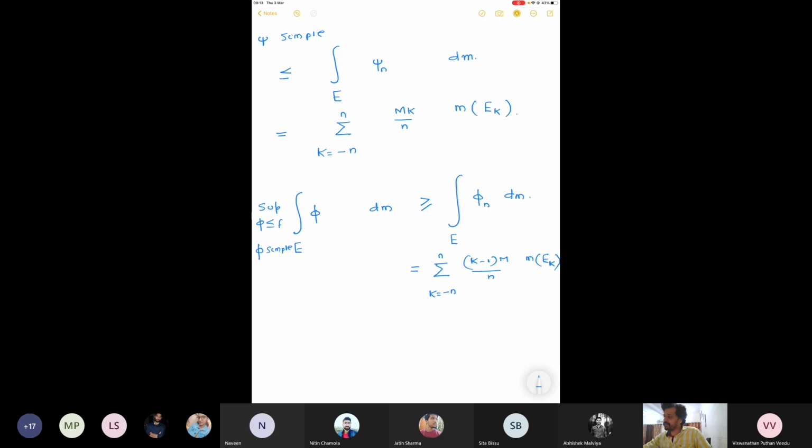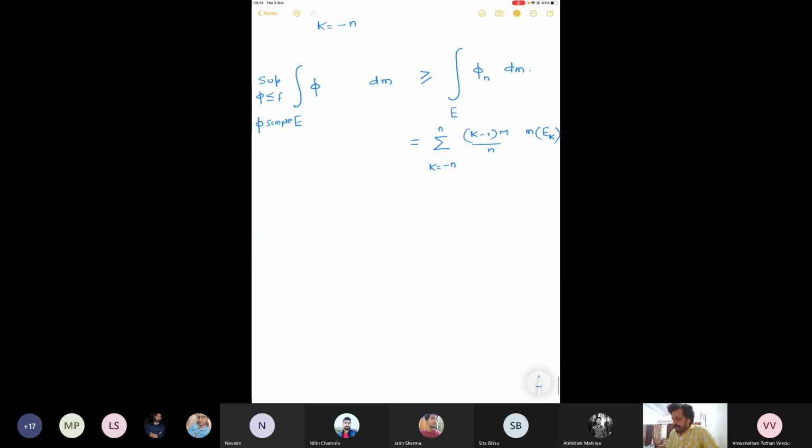Okay. Now, let us see the difference. Therefore, 0 is less than or equal to the infimum over psi of the integral of psi dm, minus the supremum over phi of the integral of phi dm, over all simple functions.